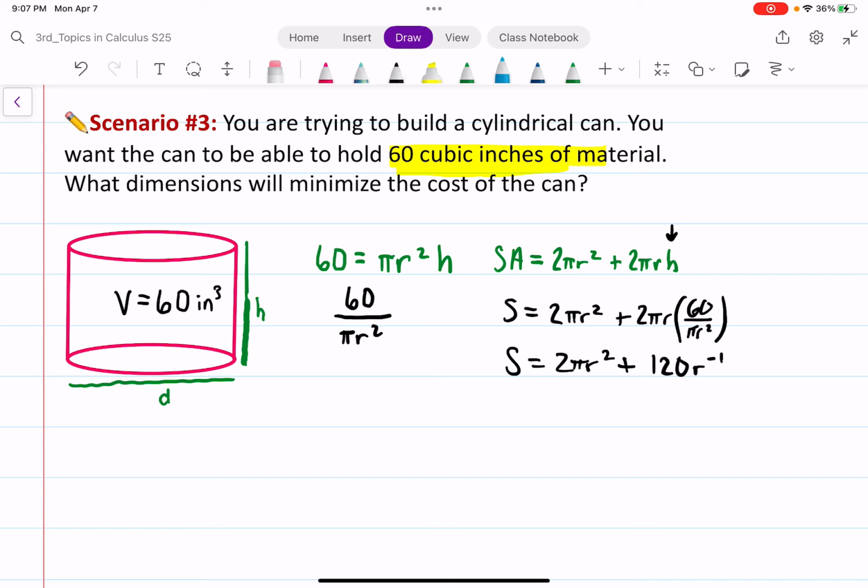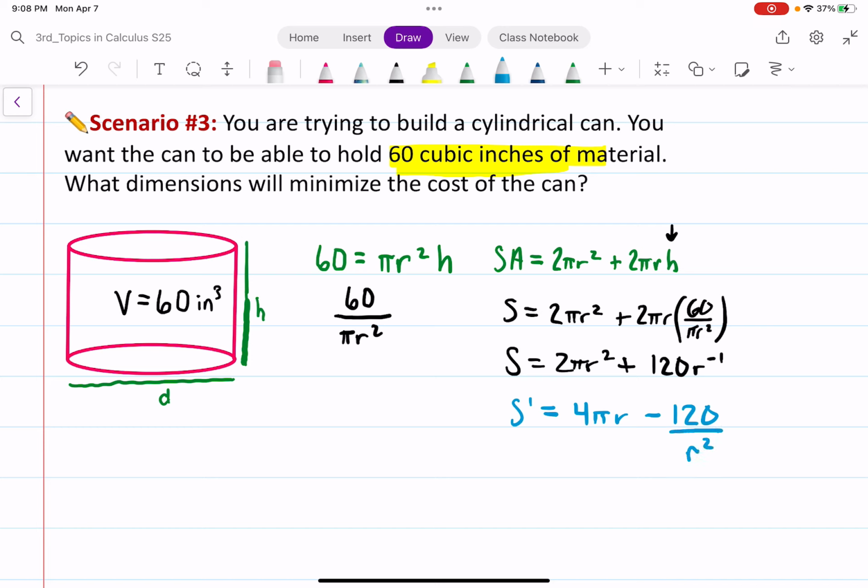And now I can find the derivative. So if I take the derivative, you know that's 4 pi R plus, actually minus 120 R to the negative 2. And again, because I know I'm going to have to set it equal to 0 and move stuff around, I can change that R to the negative 2 to be divided by R squared.